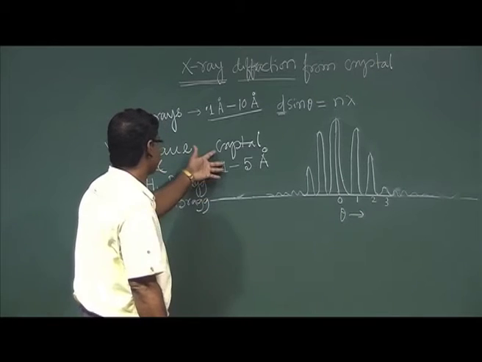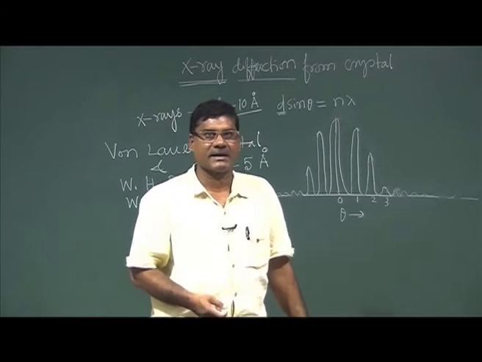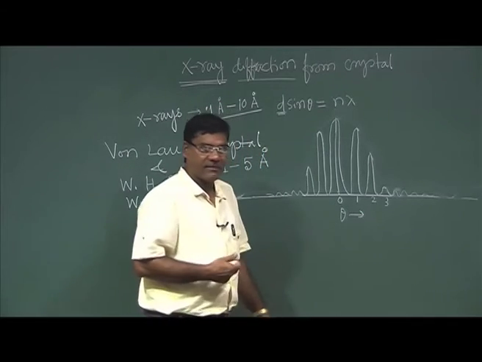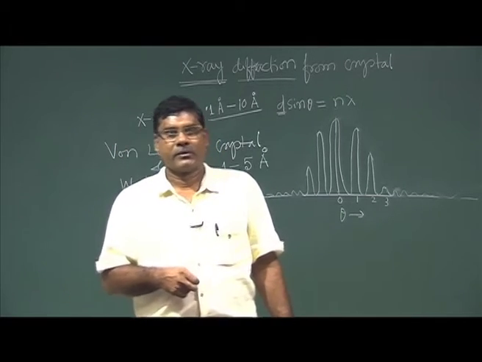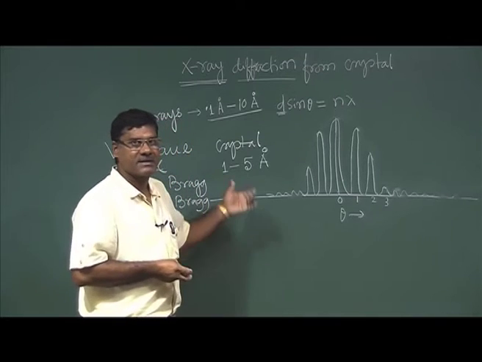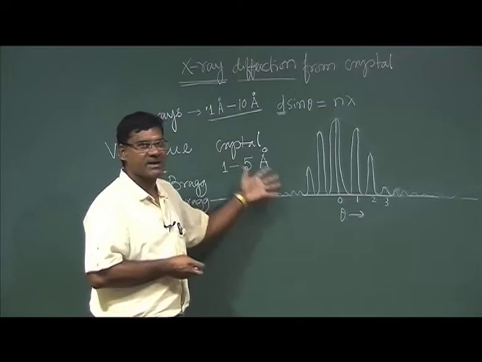So, they proposed that, and they also demonstrated the same, and they found a way to get the lattice structure, the crystal structure, by analyzing the X-ray diffraction from the crystal.